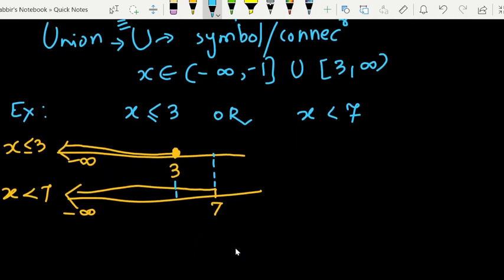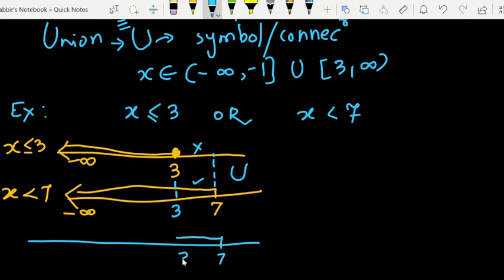Now as you can see here, guys, we are doing union. Union means take everything, whatever this inequality has, whatever this inequality has, whatever the common solutions they have, everything we have to take. Like from 3 to 7, this has values, this doesn't have values, doesn't matter, 3 to 7 we will take, because we have to take all the solutions of both the inequalities, whether common, like here they are common from minus infinity to 3, or not common, from 3 to 7.